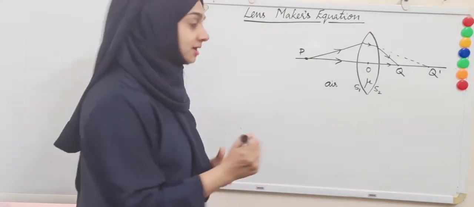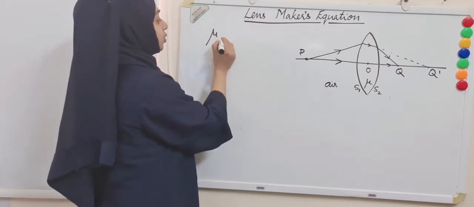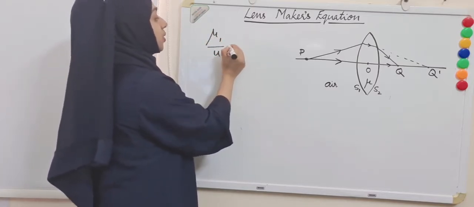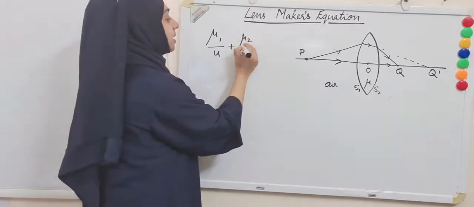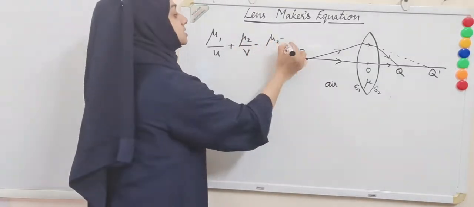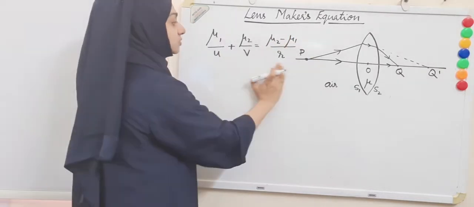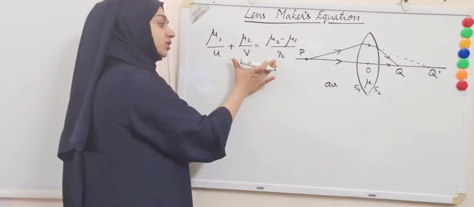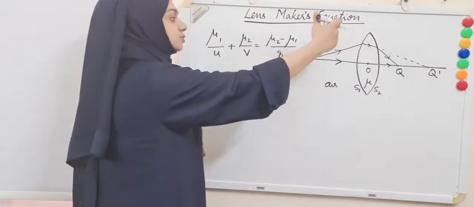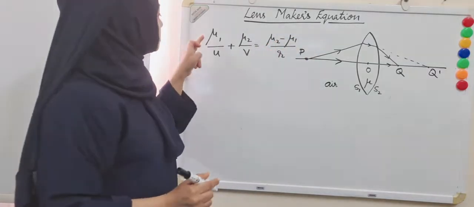What is that? The general equation is mu1 by U plus mu2 by V is equal to mu2 minus mu1 divided by R. This is the general equation for refraction of light at a spherical surface.